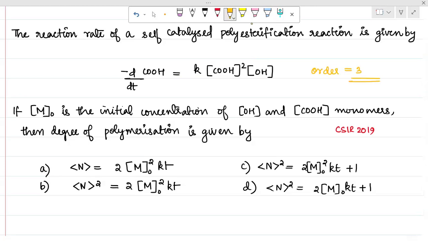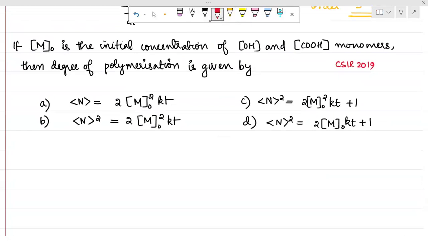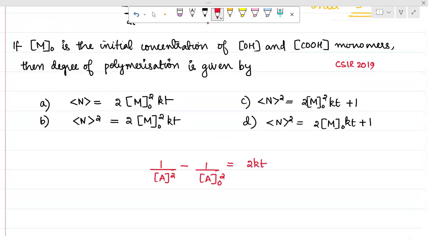Total order of the reaction is 3. So if it is a third order reaction, we already know the integrated rate equation. It is 1 by A square minus 1 by A naught square is equal to 2Kt. Correct? This is the equation.